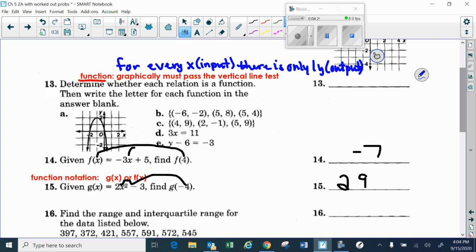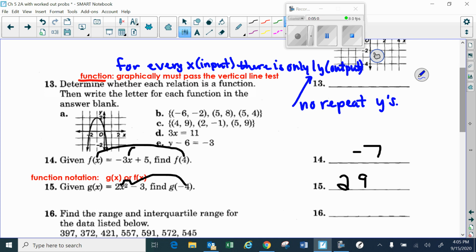Okay, you should have this memorized. Okay, you're going to go on and use this in college functions all the time. Okay, so for every x, there's only one y. Notice it does not say for every y, there's only one x. There can be repeat x's, but this means there's no repeat y's.